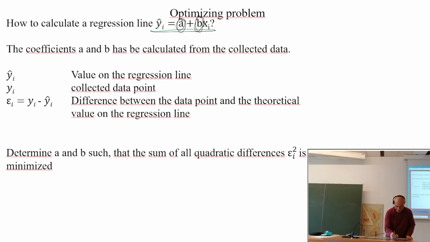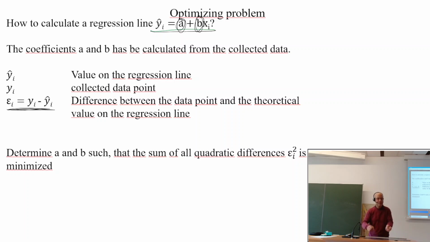So we are interested then in every single distance, and somehow we have to keep in mind then for a good fit that all distances together are more or less small. And what is then the mathematical choice?